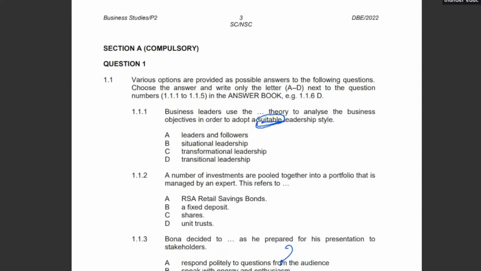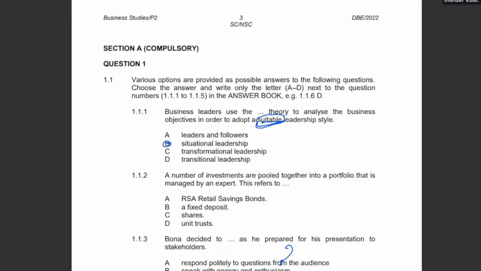If this involves different situations, it means that a leader should come up with a style that suits the situation that is prevailing at that particular time period. So in this regard, our correct option is going to be option B.